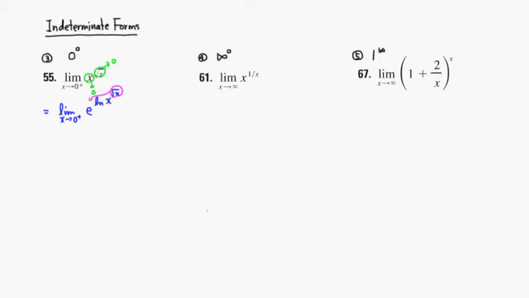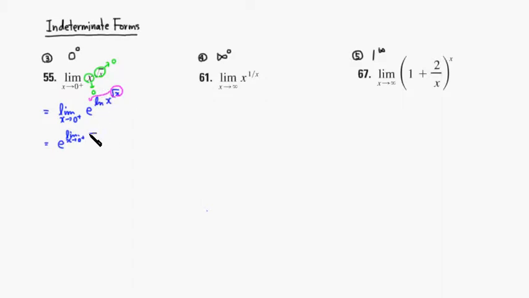Since the exponential function is continuous, we can put the limit inside the exponential function. So we have e to the limit as x approaches 0 from the right hand side.